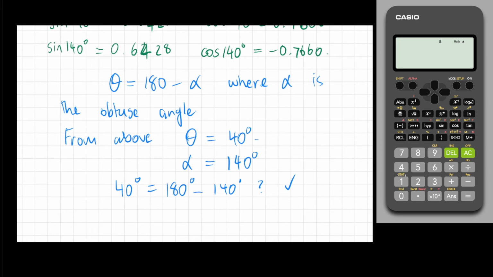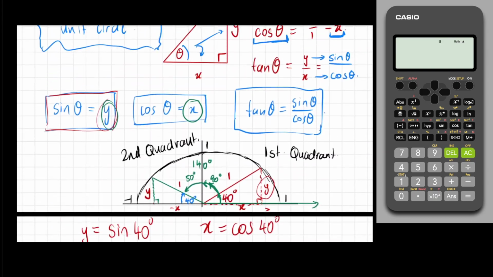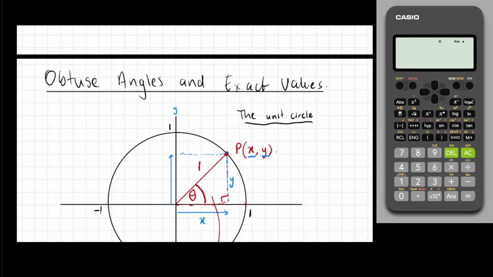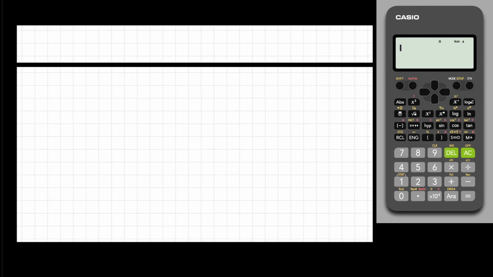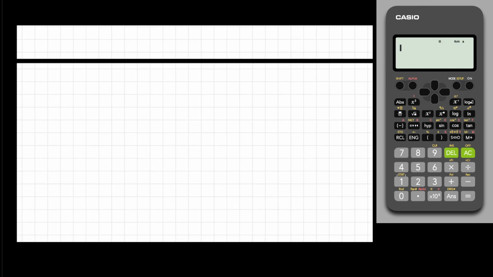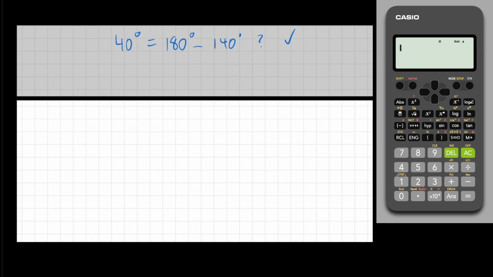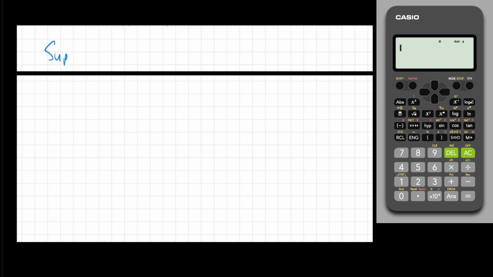Now, we're actually only going to focus on the obtuse angles today. We're going to look at exact values in another lesson. We've essentially got three rules, and these are called the supplementary rules, because the angles make supplementary angles, so 180 degrees.